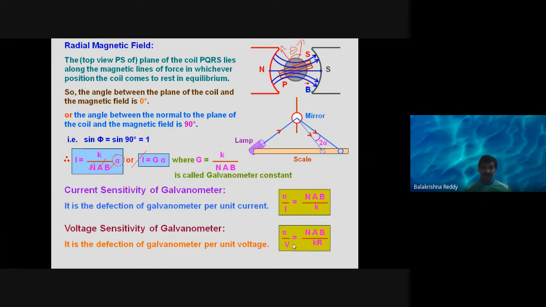If you want to find the deflection per unit voltage, it is NAB by K into R. Obviously, from Ohm's law, I equals V by R, so on this side V, and on this side R will go. Now you will understand from this how the sensitivity is taken.